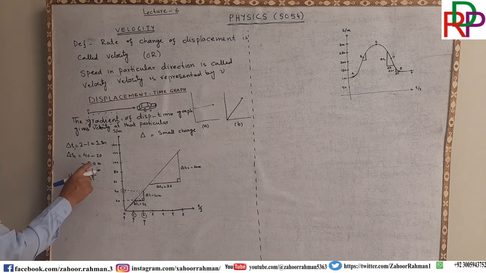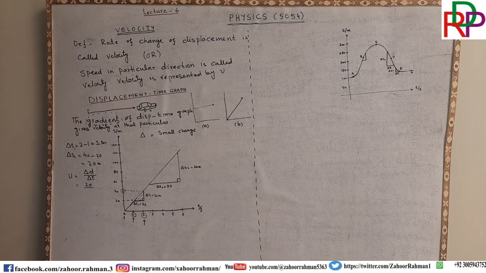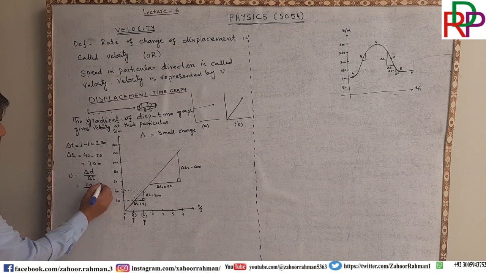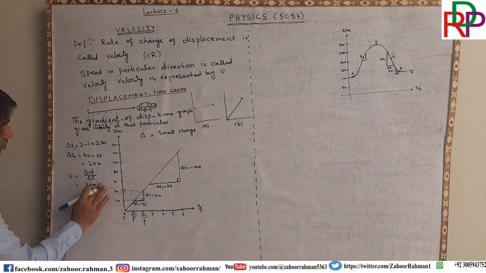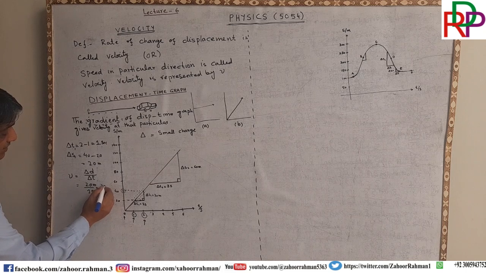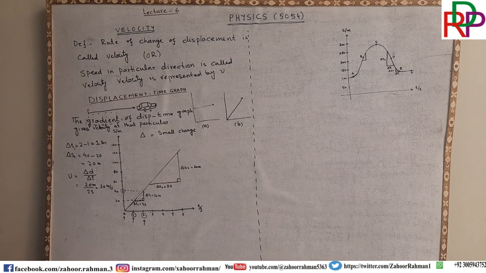So we found the displacement 20, and we also found the change in time is 1. So this is 20 meter and this is 1 second. When we calculate this, it is 20 meter per second towards the right. Now here it is 20.